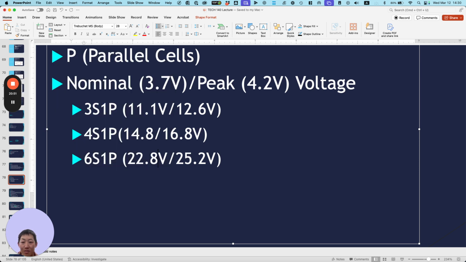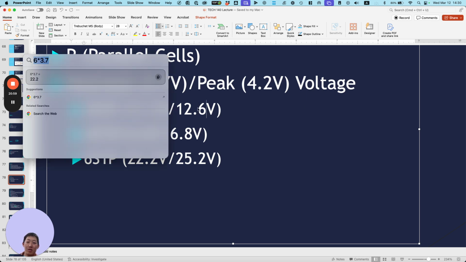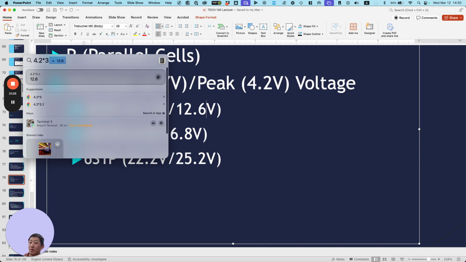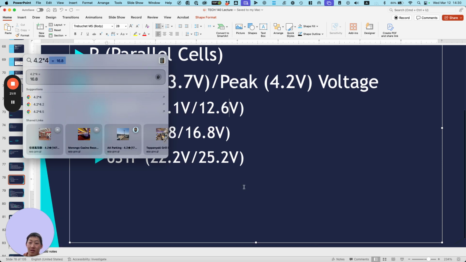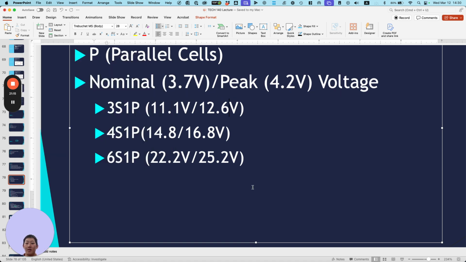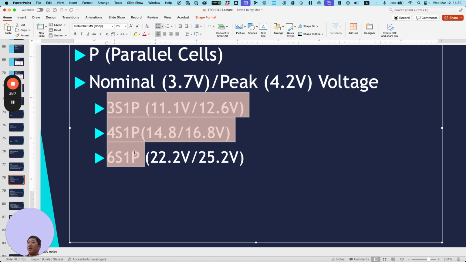Last semester I used 3.8 because the battery I picked up must have had 3.8 as the baseline. But 4.2 is basically the same for all of them. So if we do 4.2 times 3, that's 12.6 volts, times 4, 16.8, times 6, 25.2. You notice I actually skipped 5S.